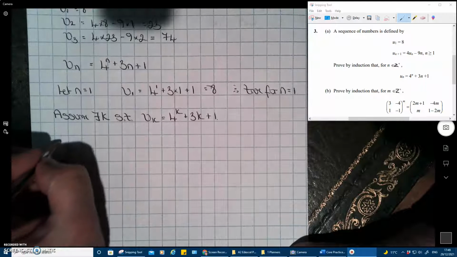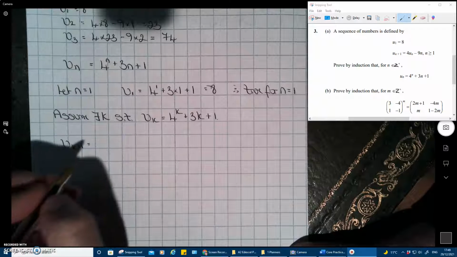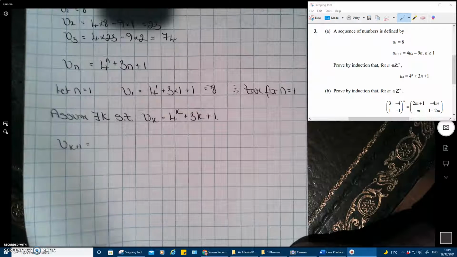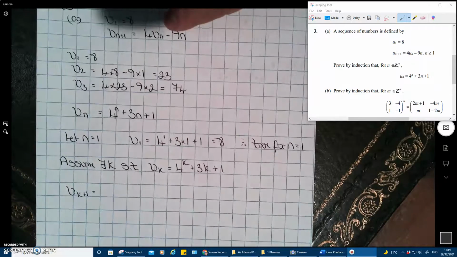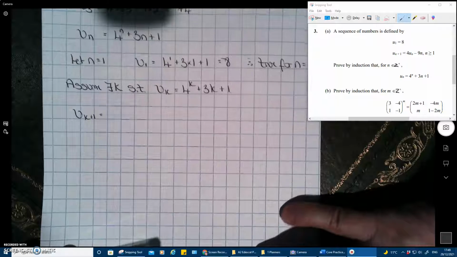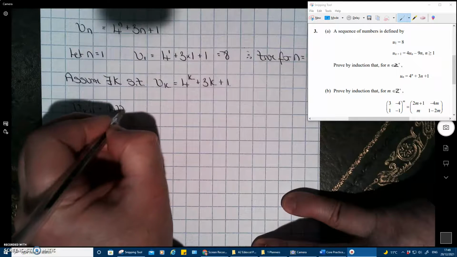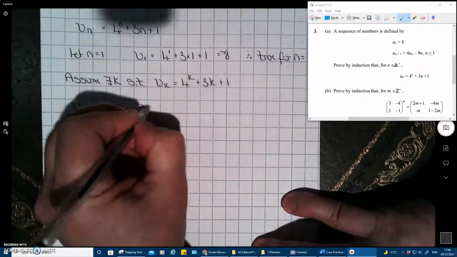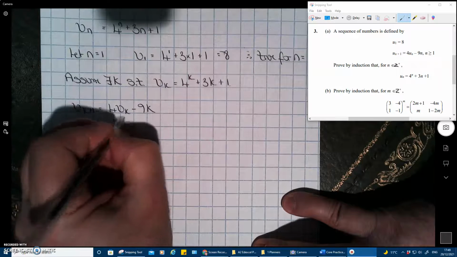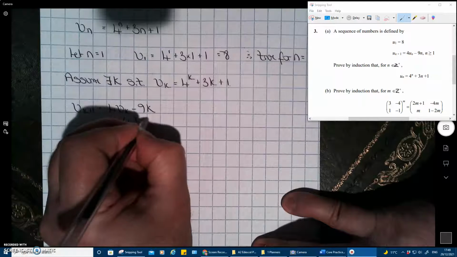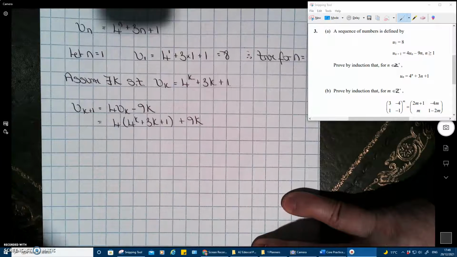Now we know that uk plus 1 is, from the connection right at the top, 4 uk take away 9k. Right? So that equals 4 uk take away 9 lots of k. Now we know what uk is, we've written it down, so we've got 4 lots of 4 to the k plus 3k plus 1, take away 9k.